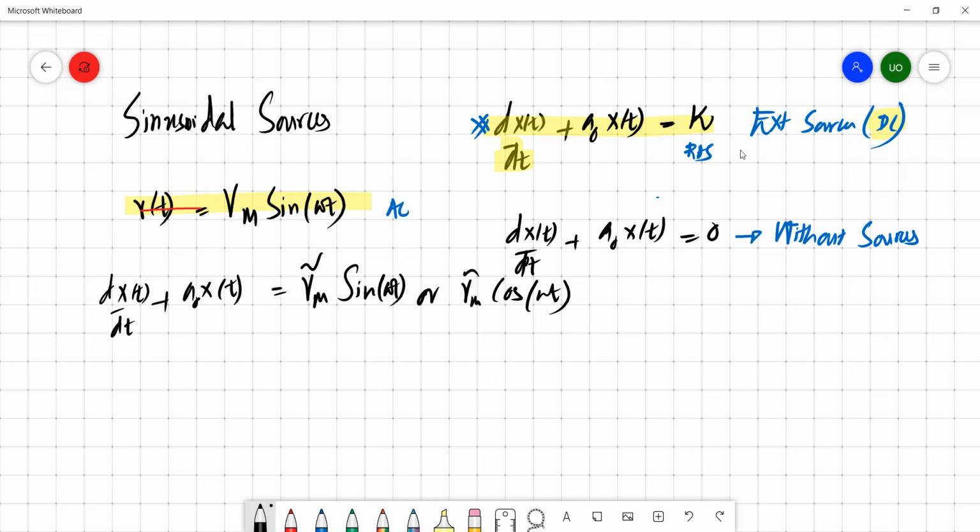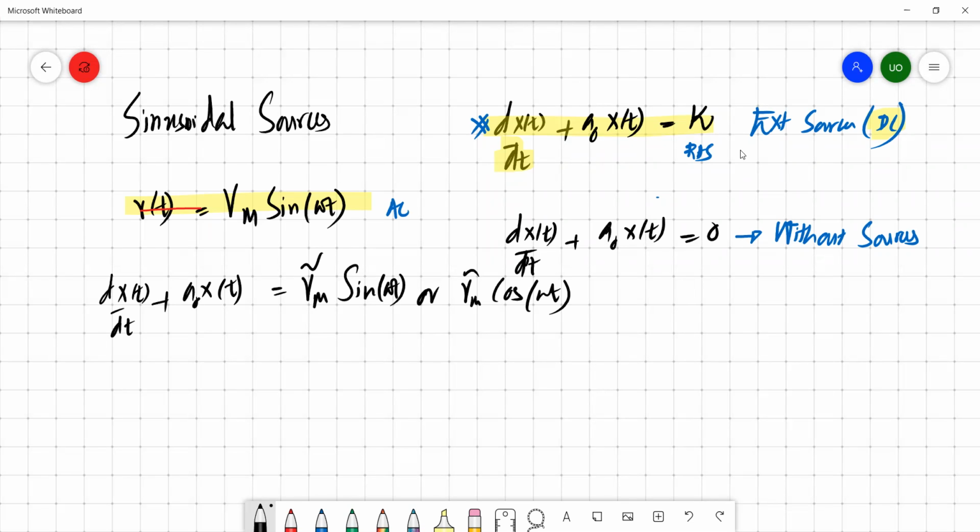It depends on the scenario. For example, if your source is just scaled by a resistor or a capacitor, then your right hand side would be a sine function. Sometimes there may be scenarios where you have to differentiate the entire expression, so then the sine omega t would be converted into a cos function.